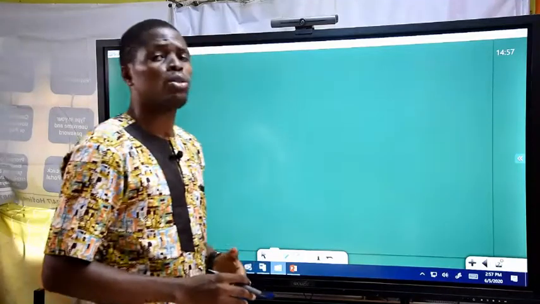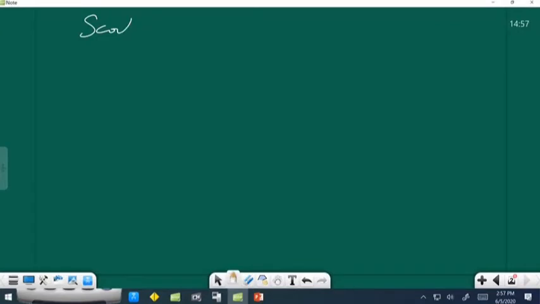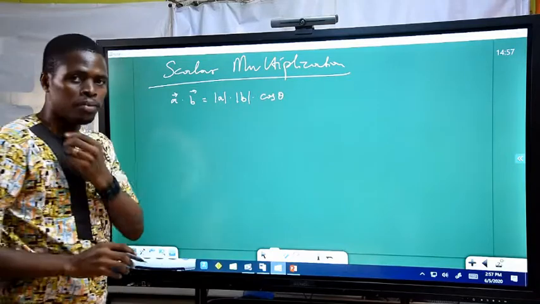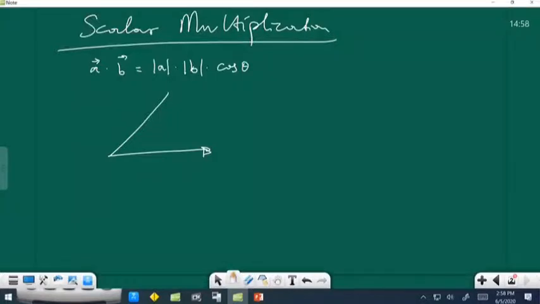So we also discuss what we call the scalar multiplication of 2 vectors. Given vector A multiplied by vector B, it is equal to the modulus of A times the modulus of B, then times the cosine of the angle between the vectors. When we look at the cosine of the angle, we are looking at 2 vectors, A vector and B vector, at an angle theta between each other.